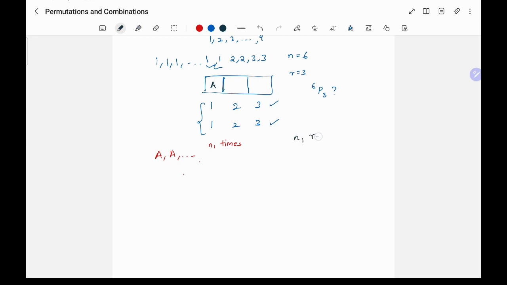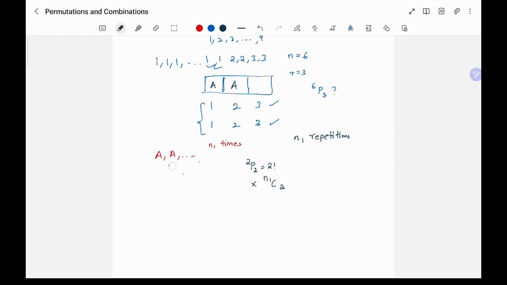There will be n1 repetitions. And if suppose there are 2 a's, then it will be like the permutation between these two, correct? Because they are considered as an extra count. So it will be 2P2, which is nothing but 2 factorial. But there are n1 a's, right? So that also we need to count. So this will be this multiplied with n1C2.